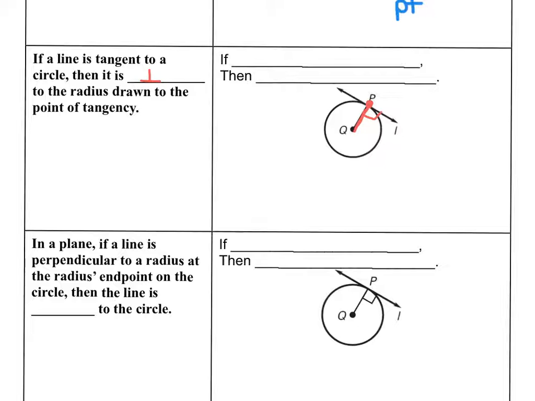If, let's say, line L is tangent to circle Q, then QP is perpendicular to L.